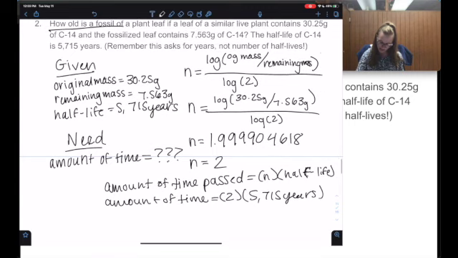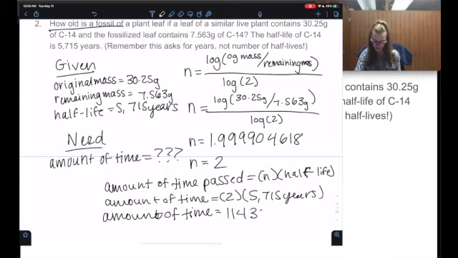So we can say that the amount of time is 2 times 5,715, and that gives us 11,430 years. So 11,430 years as our answer.